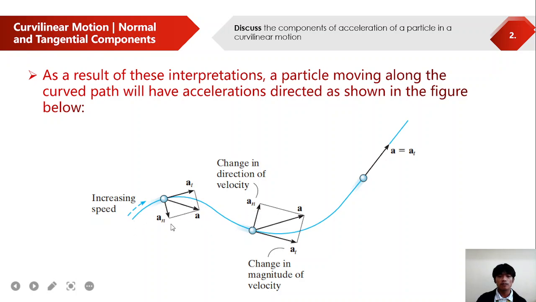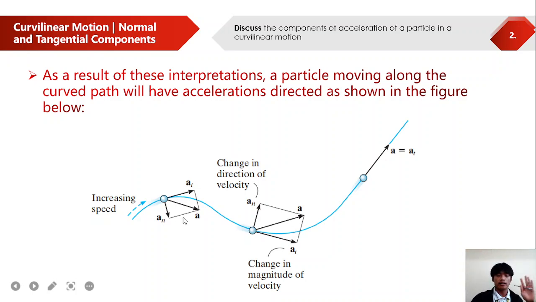The tangential component, a sub t, has its positive sense in the direction of increasing speed, so a sub t is drawn at the top, where the speed is increasing.